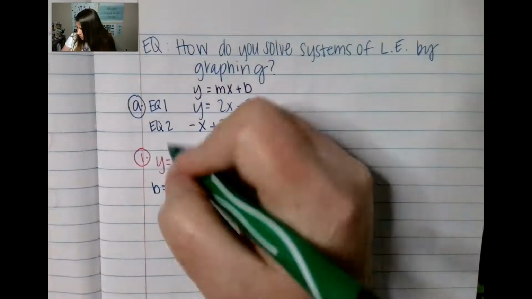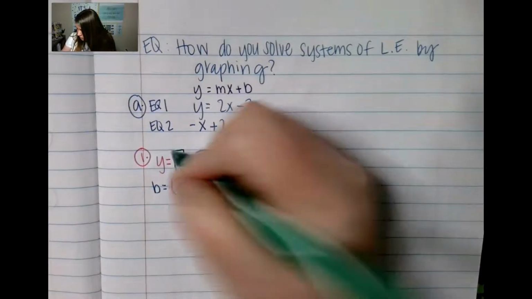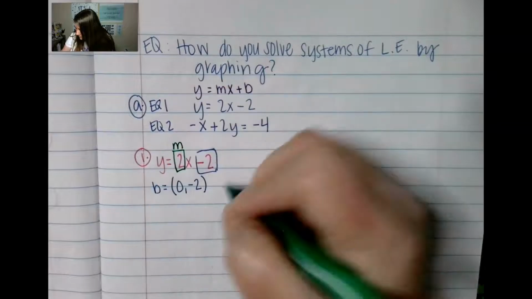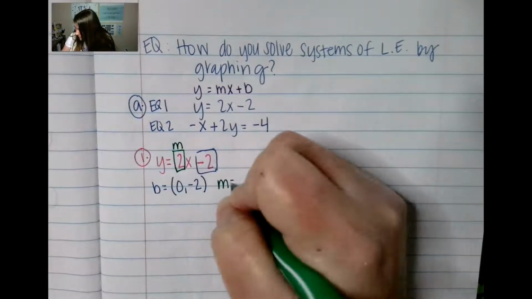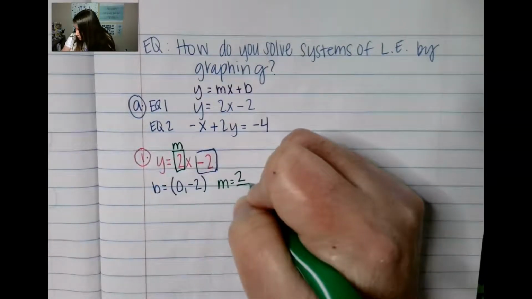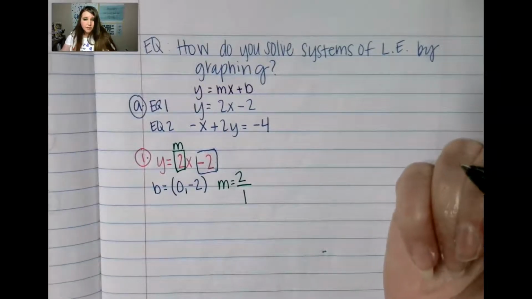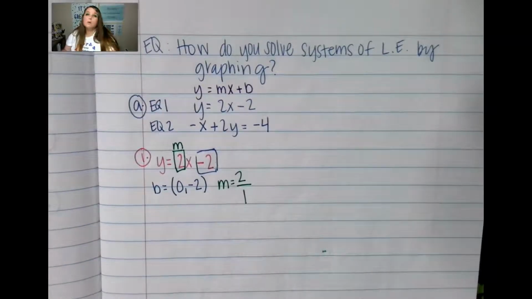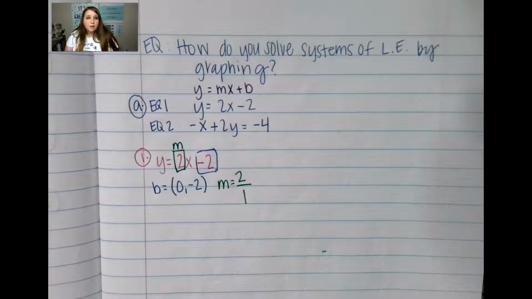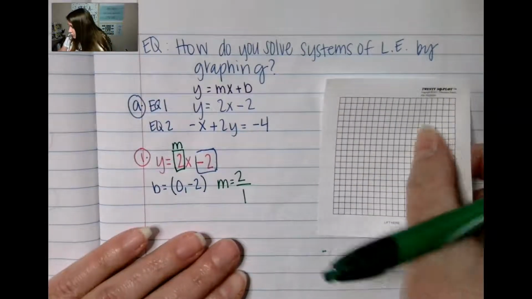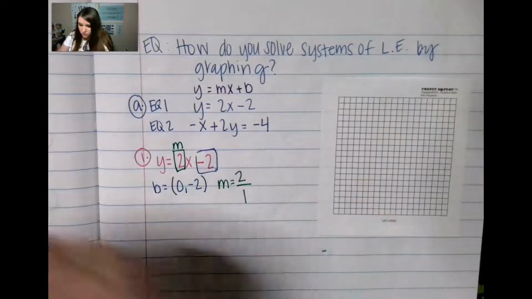Okay, we know that our slope is right here, the m. So m equals 2 over 1. And we're putting it over 1 because, again, it's a whole number and a slope needs a fraction. Okay, so let's go ahead and graph this first one. And then we will go from there.